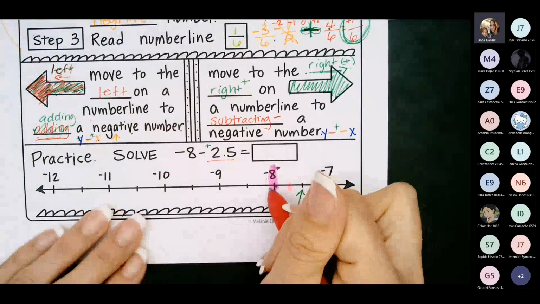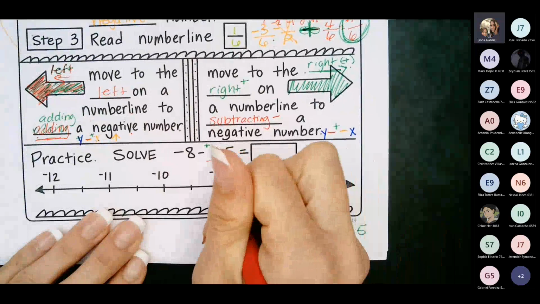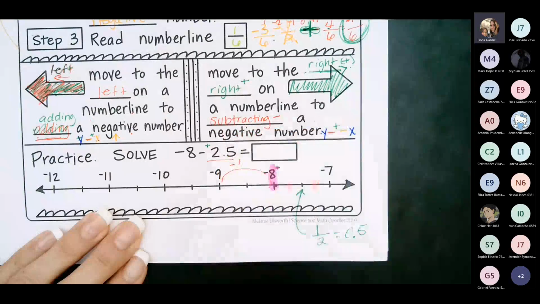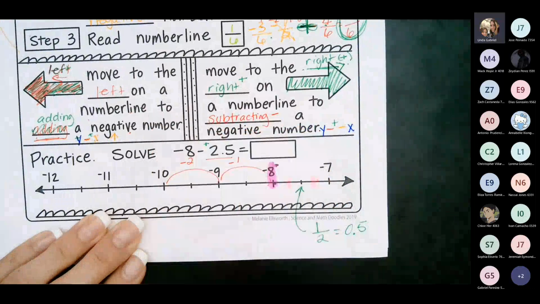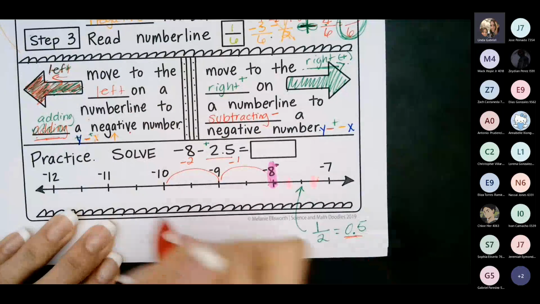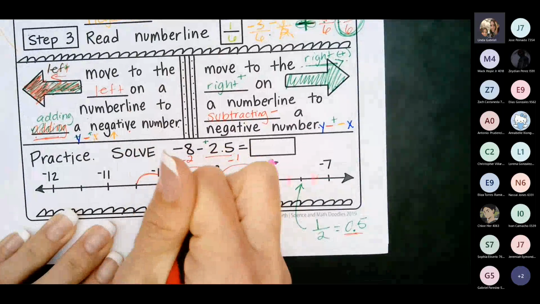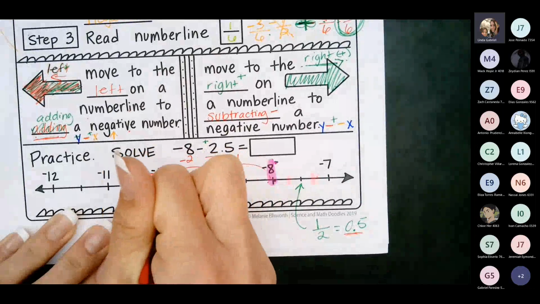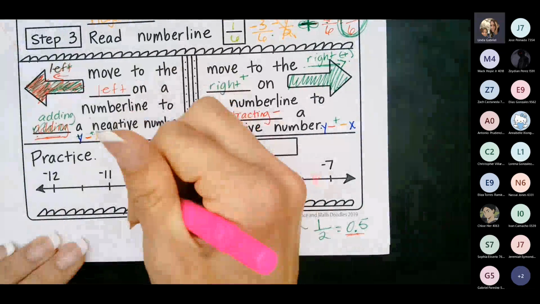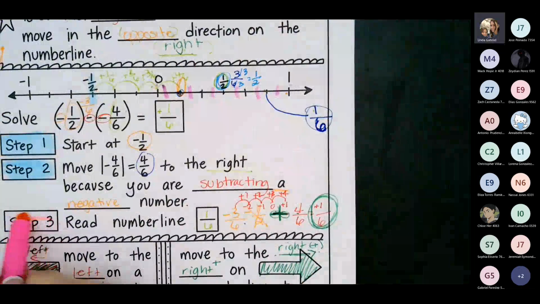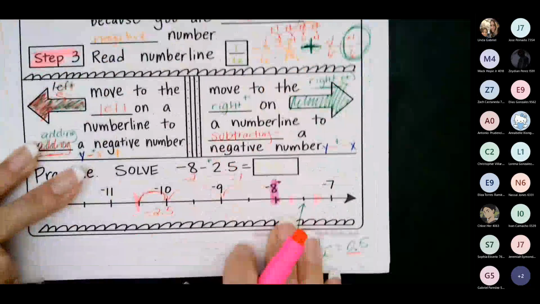So from -8, I'm going to subtract 1 and move to the left 1, to the left 1 more, that'd be -10, and then I need to get to 1/2. I'm going to go over just a smaller section, -2.5. Okay, so now step 3, read the number line.